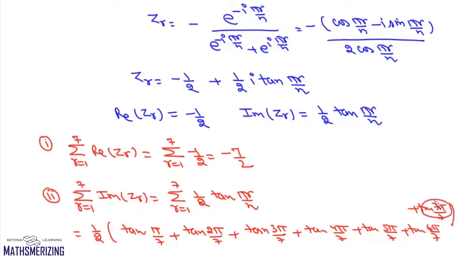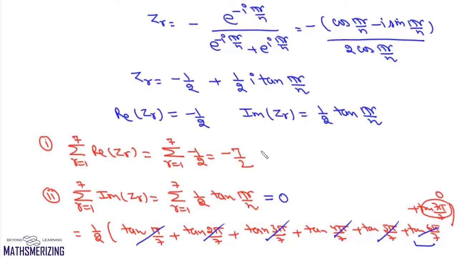Now tan pi is 0. Now tan 6 pi by 7 is tan of (pi minus pi by 7), which is minus tan pi by 7. So it'll cancel. In the same way, tan 2 pi by 7 and tan 5 pi by 7 will cancel, and also tan 3 pi by 7 and tan 4 pi by 7 will cancel. So this summation of imaginary parts will be nothing but 0.